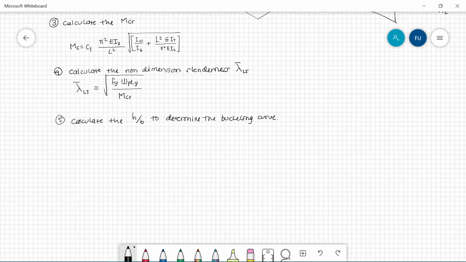So for the buckling curve, we have to refer to table 6.5, Eurocode 3 part 1-1.